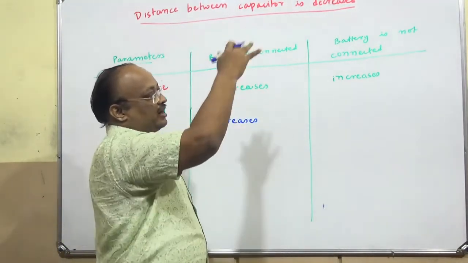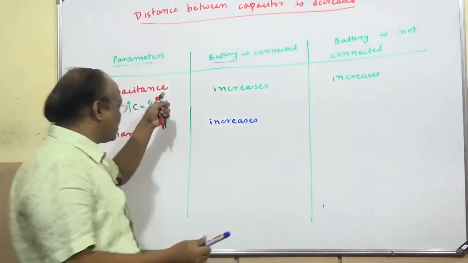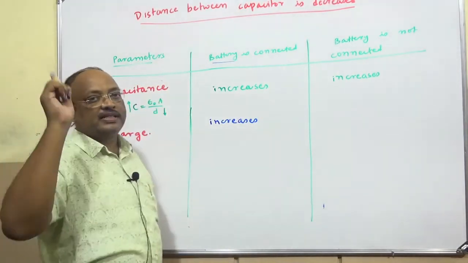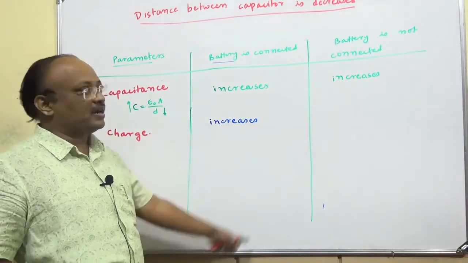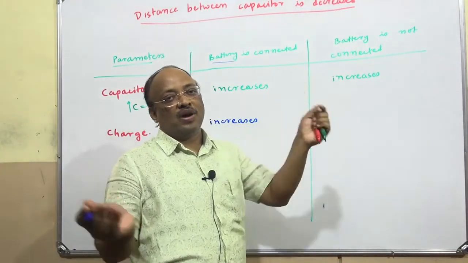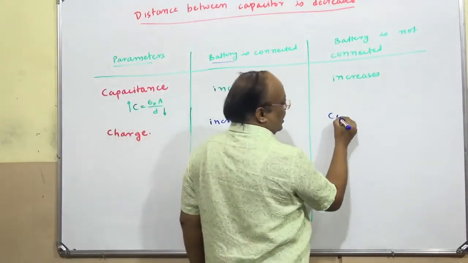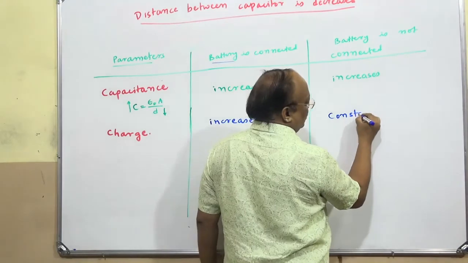Whereas when a battery is not connected, since you are decreasing the distance, there is a chance, but since the battery is not connected, you are not filling more charges in it. So therefore, it remains constant.